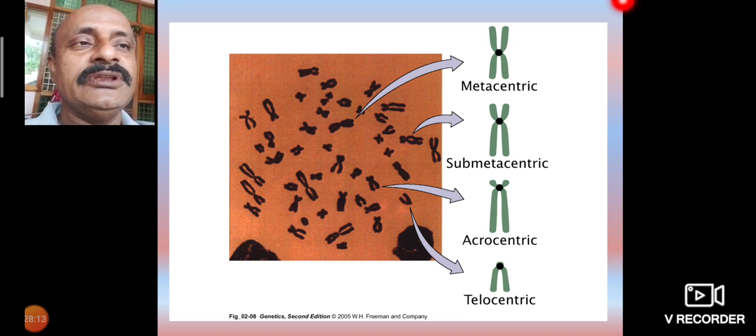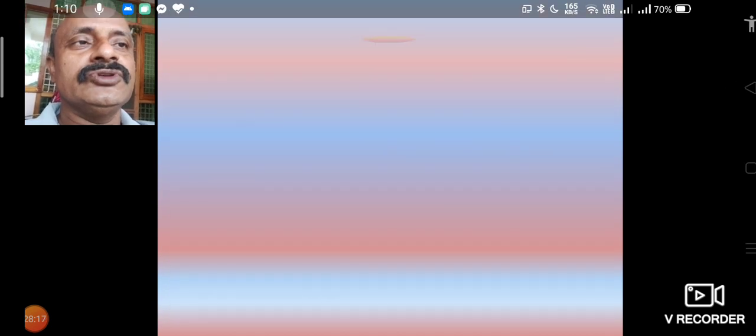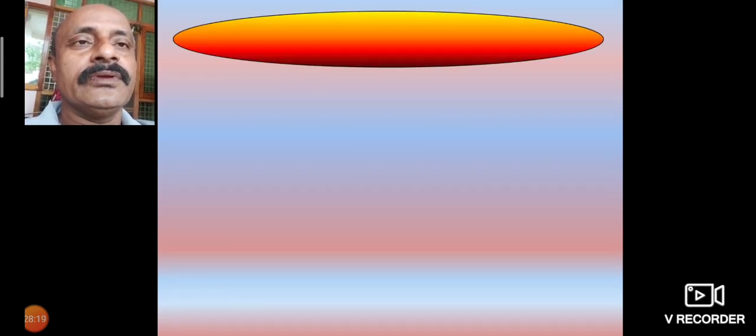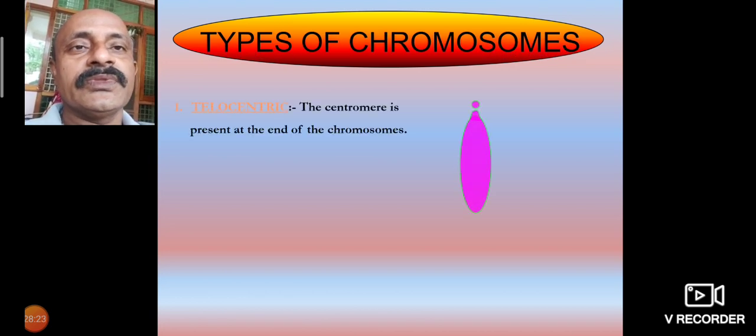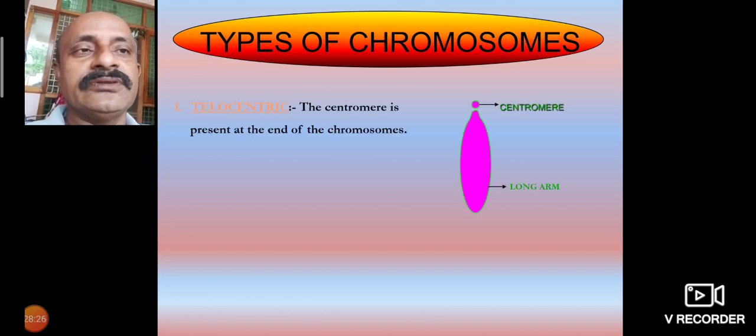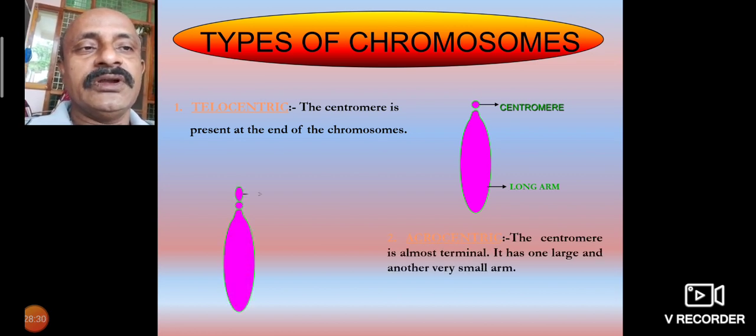What are the characteristic features of the metacentric? Here are the types of chromosomes. Here is telocentric also.